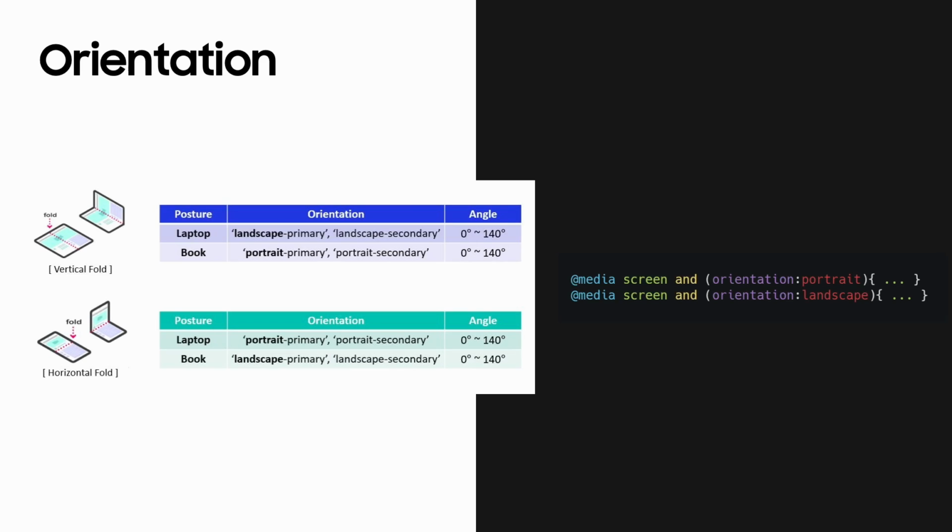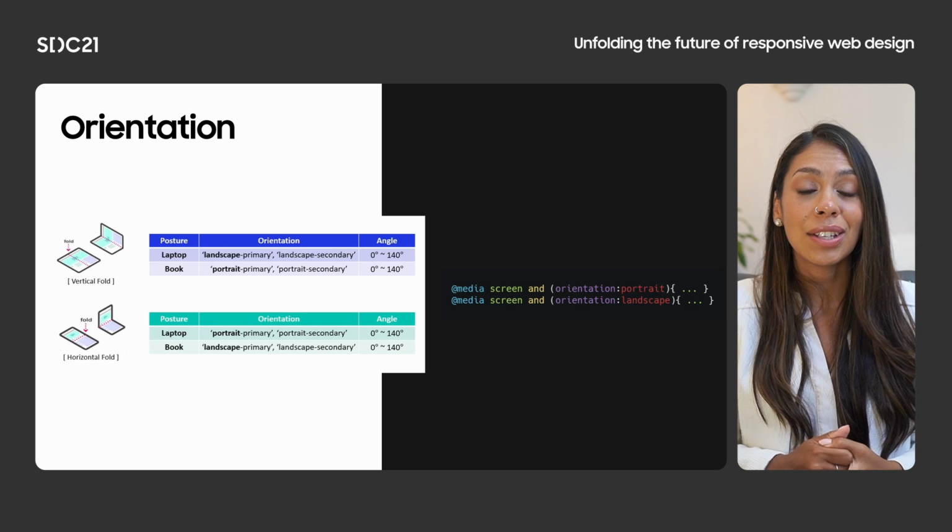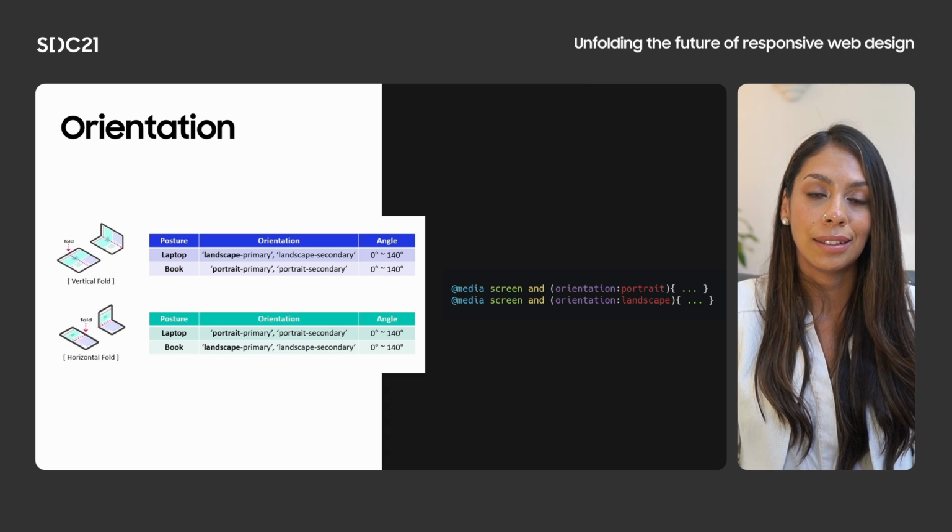But besides this, we need to keep in mind another thing, the orientation of our devices. For example, if the Galaxy Fold is in the posture called Book, we can also check if the orientation is Portrait, and then identify a vertical fold. In the case of a Galaxy Flip, check if the orientation is Landscape to have a horizontal fold. Again, applying media queries and the orientation property can help us detect this.